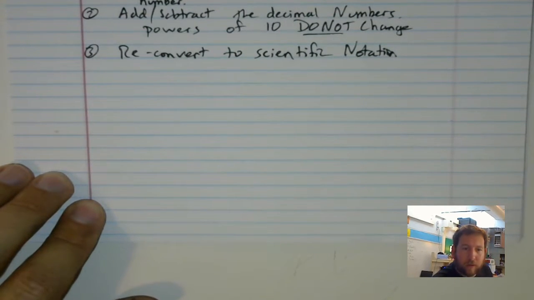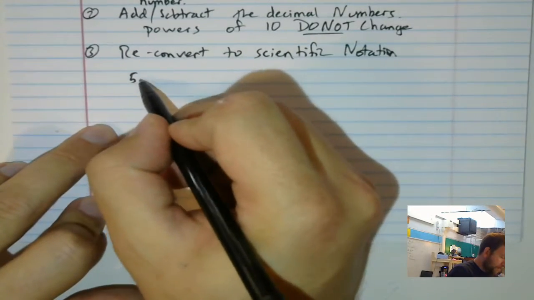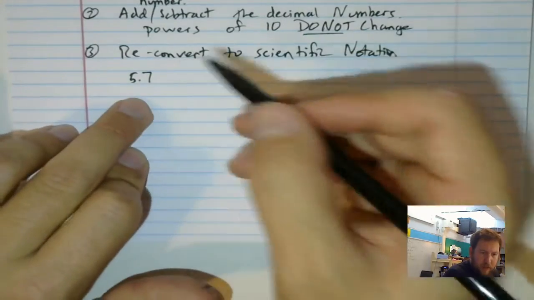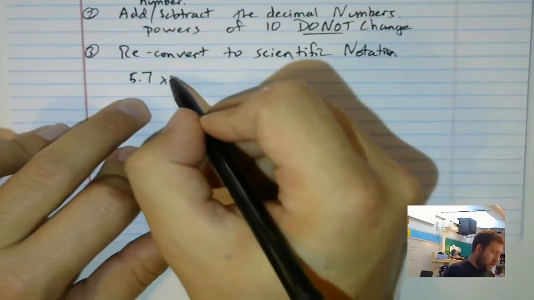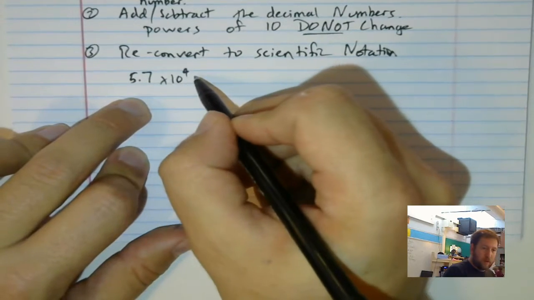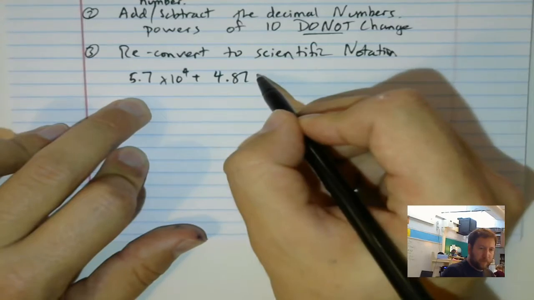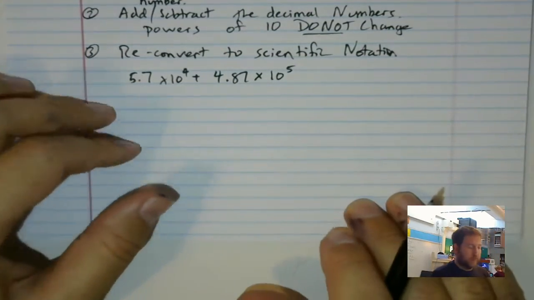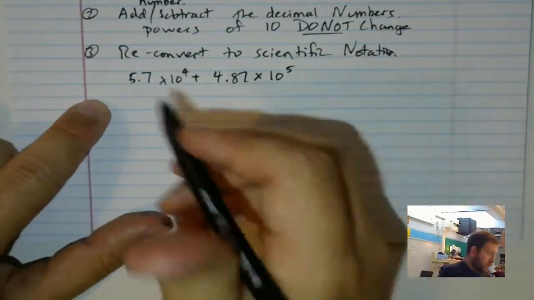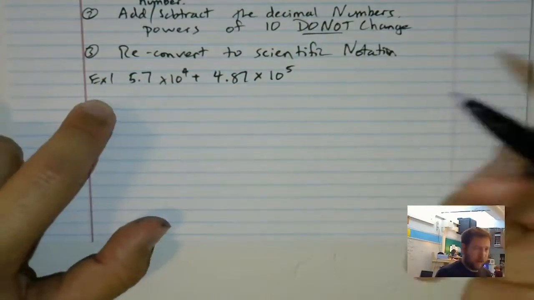We are going to do 5.7 times 10 to the, that is small, it's 10 to the 4th, plus 4.87 times 10 to the 5th. Okay, so let's go through our steps. Let's first mark this as example 1 so we don't get confused.